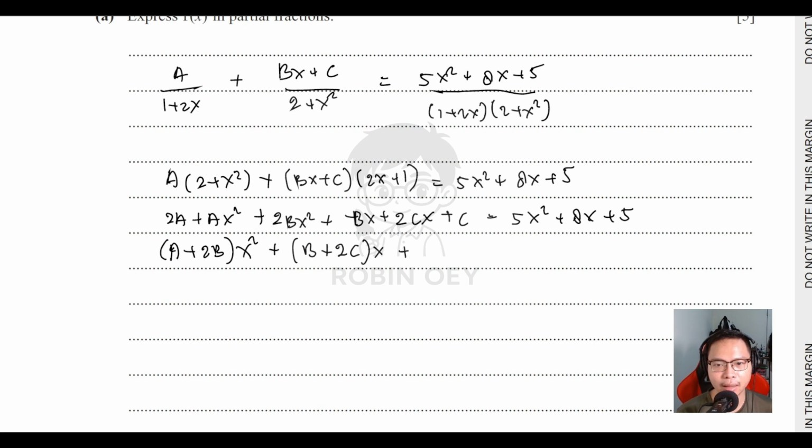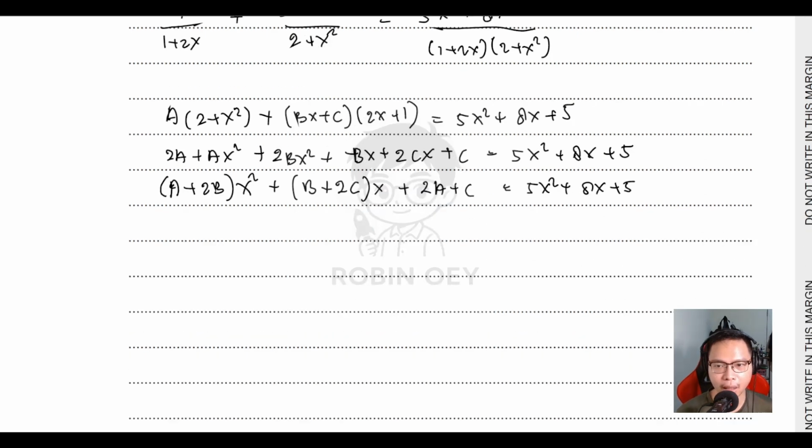Then next is the term independent of x, which would be 2a plus c. Next, we just have to compare left and right hand side. So a plus 2b equals 5. And then we have b plus 2c equals 8. And 2a plus c equals 5.